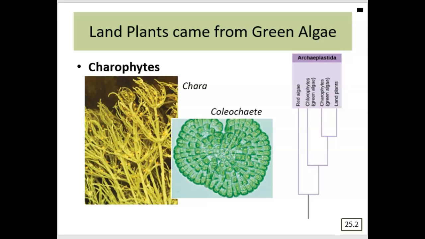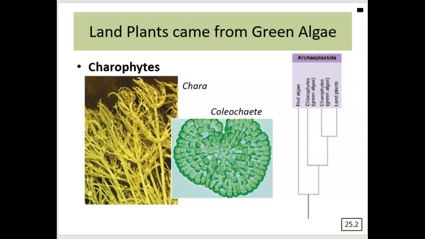Both of these look pretty plant-like. Coleochaete looks kind of like a lily pad, except it's just one cell thick. Chara looks kind of like a shrubby type of growth. Both of these are pretty similar to some current plants and may have been what modern plants evolved from. Something similar to this, at least.